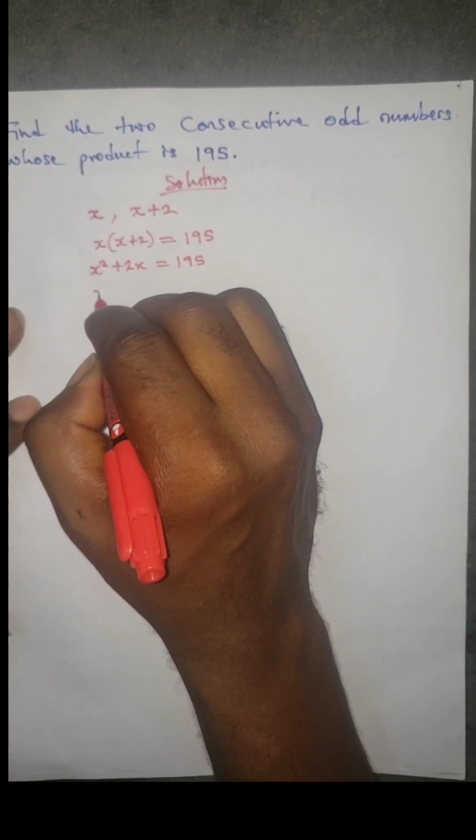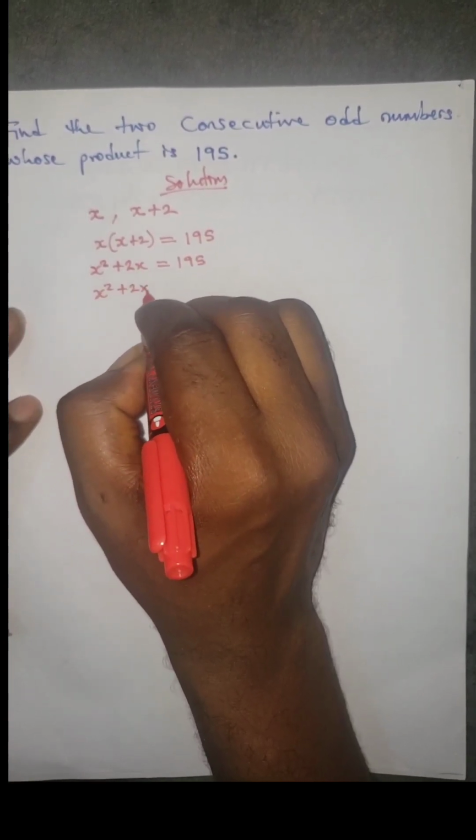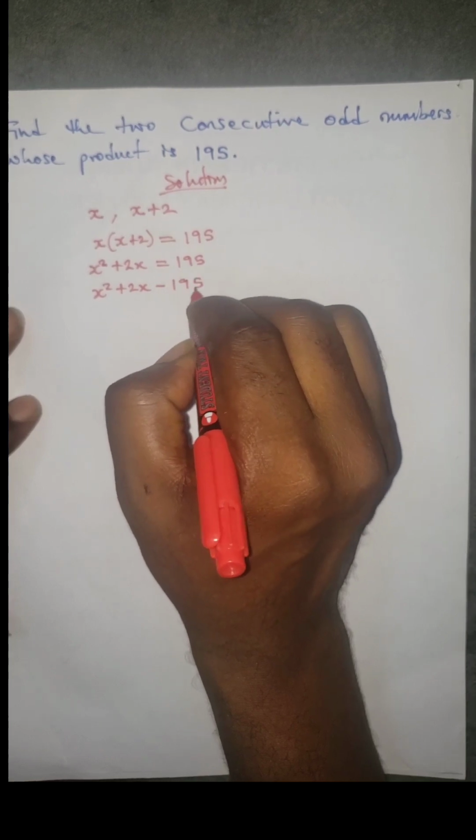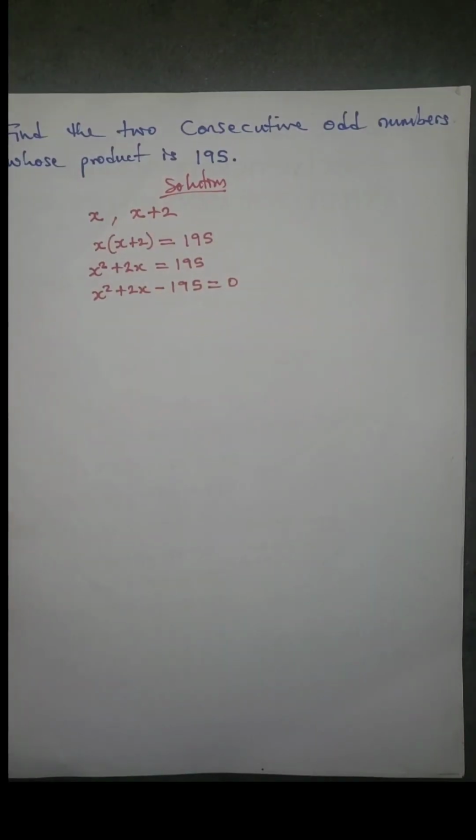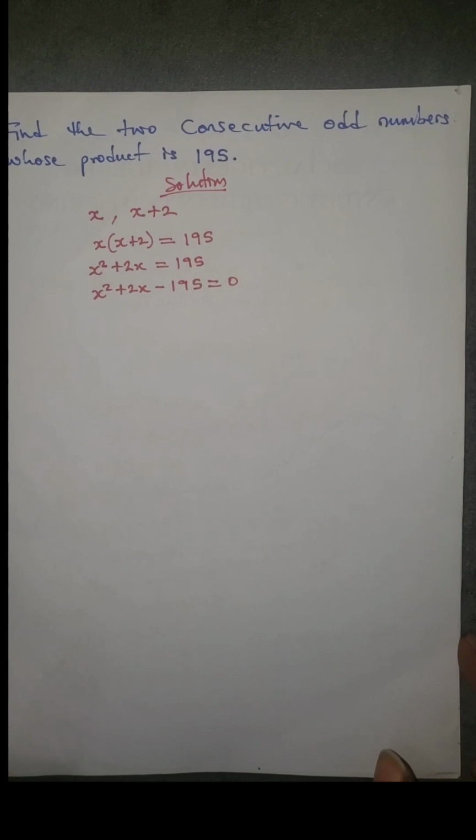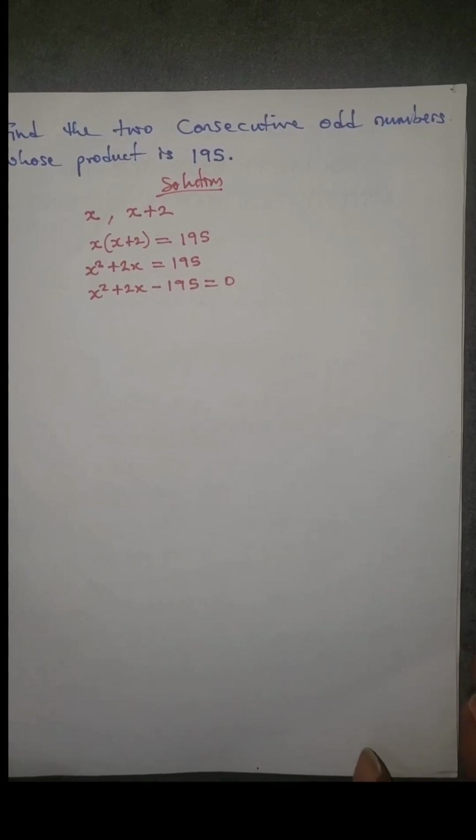So this one coming in, x squared plus 2x minus 195 equal to 0. So we have gotten our quadratic equation. So the next thing now is to use any method to solve the quadratic equation that we have gotten.